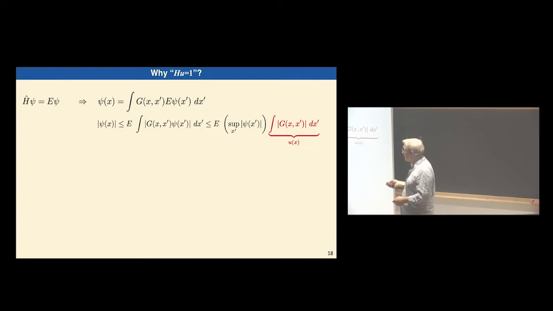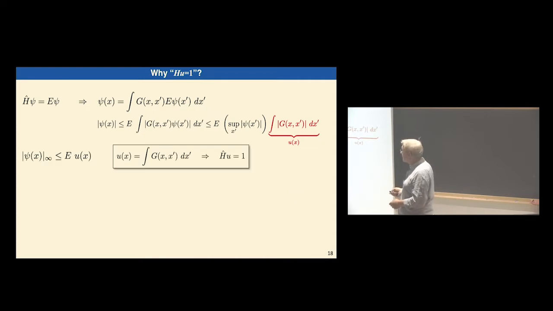There is something quite surprising: for all eigenfunctions normalized in L infinity, which means divided by their supremum, they satisfy this inequality. They are controlled by the same object. Although it's not obvious, the amplitude is everywhere controlled, with the E factor here, by the same object.